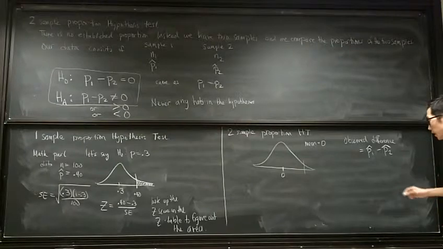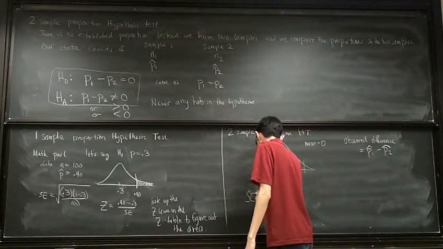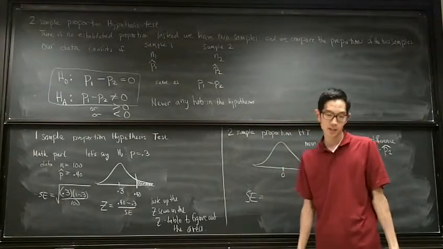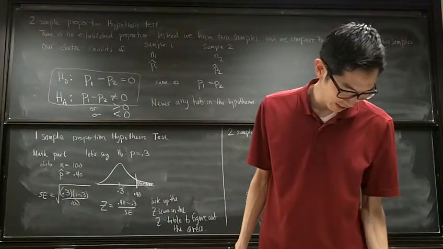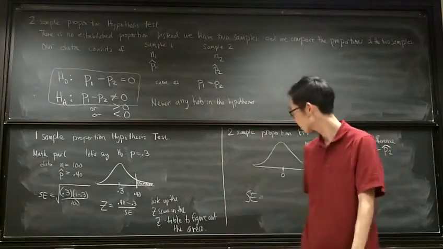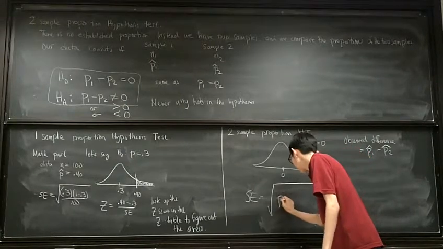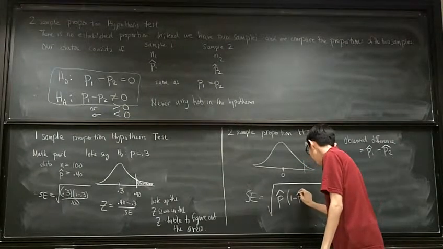Alright. And my standard error, okay, and you just got to bear with me, because the standard error is this ugly formula, and we can't do anything about it, okay? It involves p hat times 1 minus p hat.